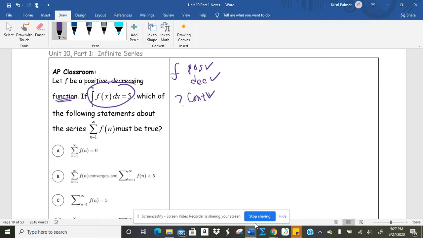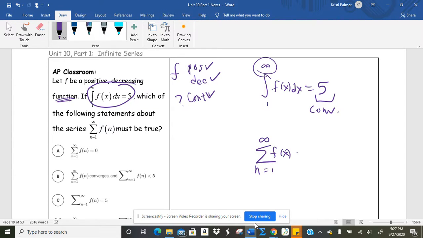Let's come back to that and see if they tell me anything more. So this is saying, hey, if the integral gives me 5, this one with the bad bound that went on forever and ever, and it converges, right? Then what do I know has to happen? Then this guy right here also has to converge.